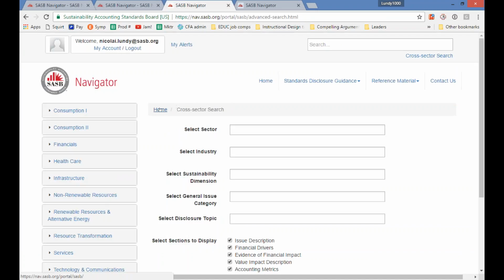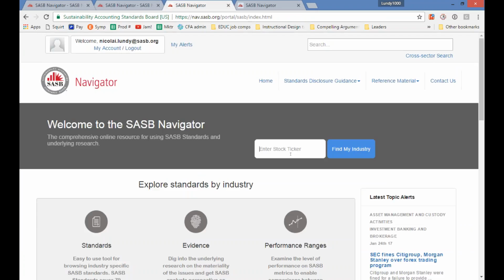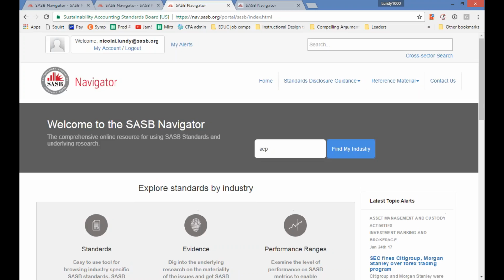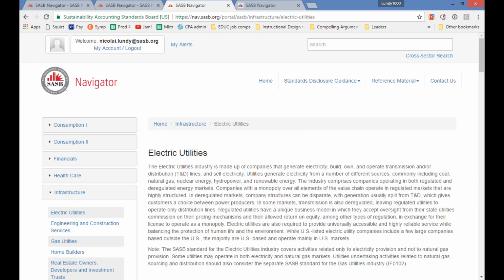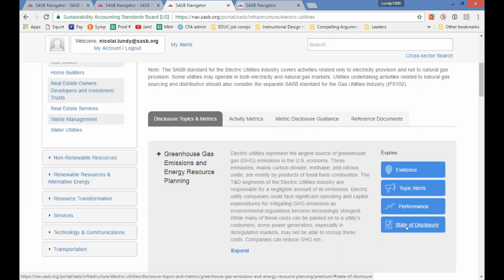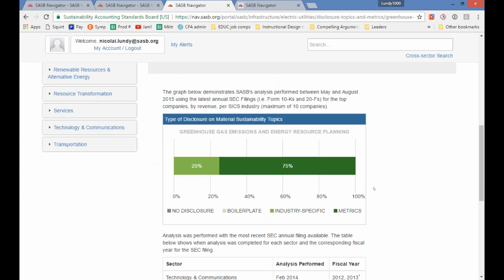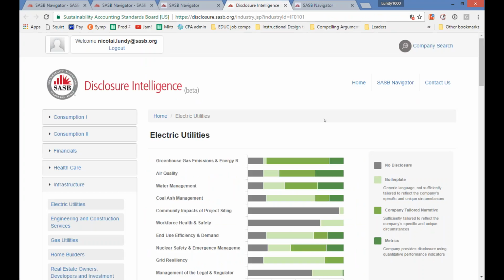But let's go back, because there's one final element of the Navigator that is really most important, and that's thinking about what companies are already disclosing in their SEC filings. This is one of the things that we're most excited to show you. So I've gone back to our original company, gone to the state of disclosure, and we're going to take a look at this disclosure intelligence element.